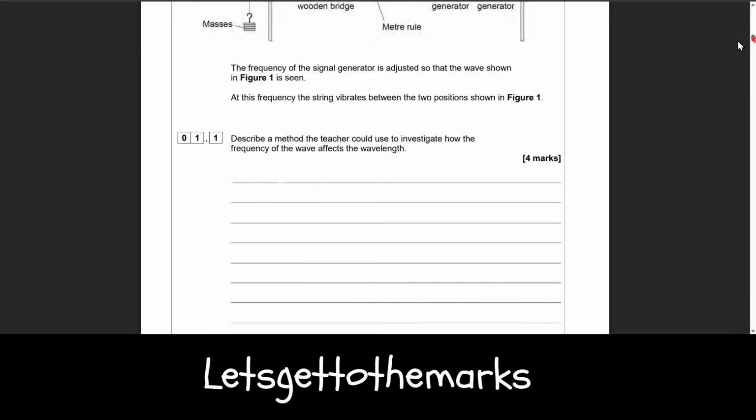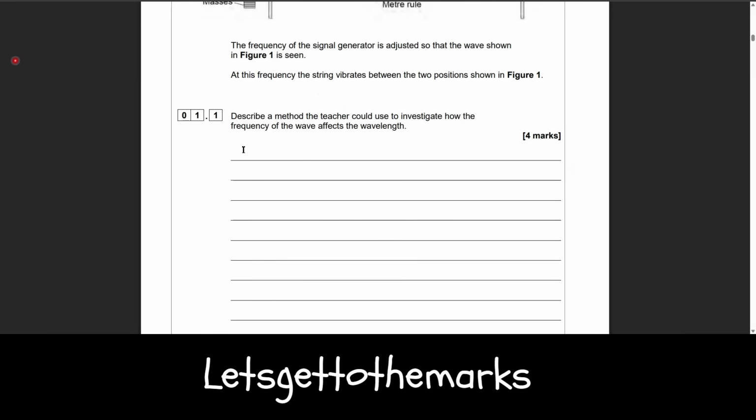So let's go ahead and put that down. I'm going to start by saying, use the ruler to, oh my days, I'm writing in white. Oh my gosh. Use the ruler to measure the wavelength.